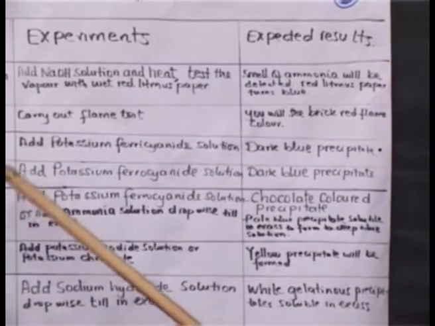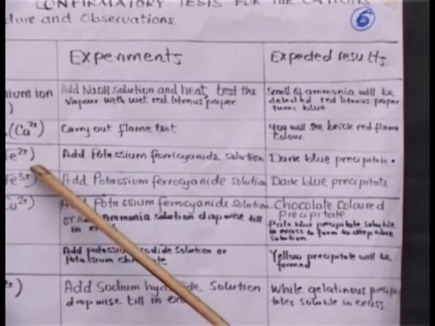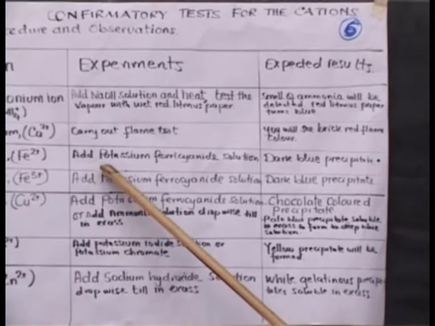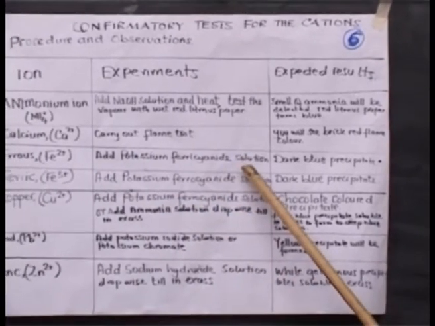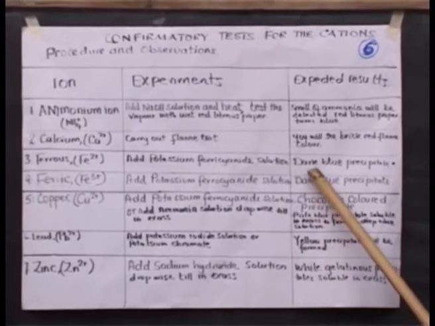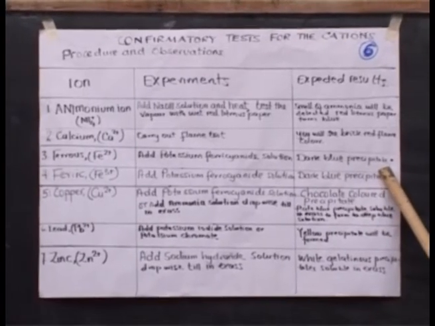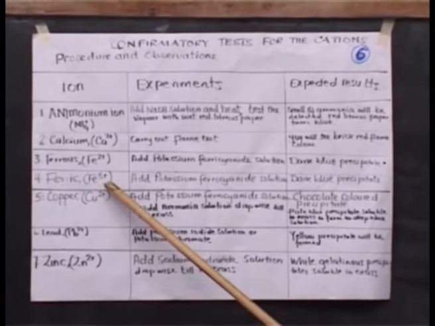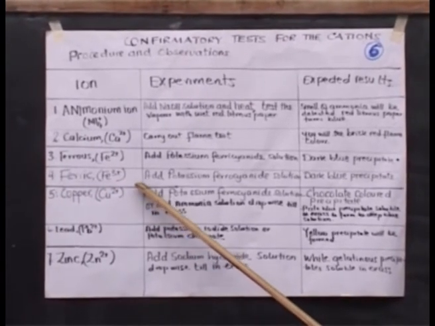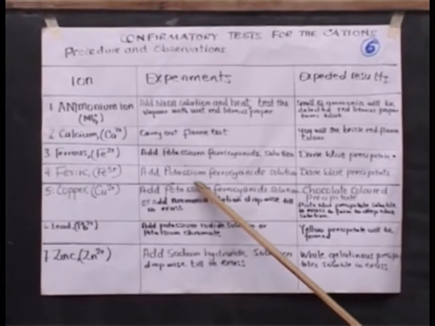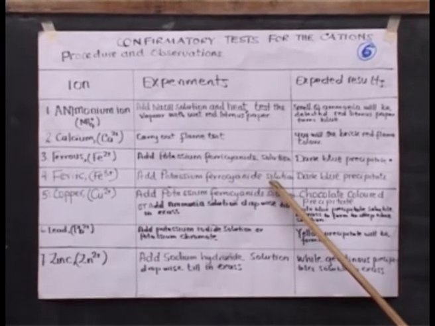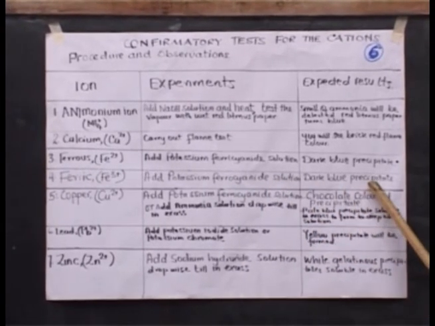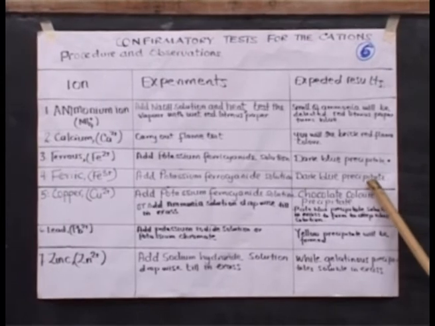To confirm iron(II), you have to add potassium ferrocyanide solution, then a darker blue precipitate will be formed. To confirm iron(III) ion, you have to add potassium ferrocyanide solution, and a darker blue precipitate will be formed.